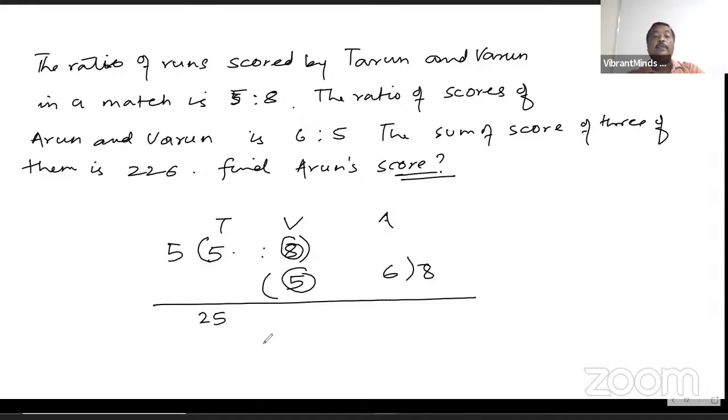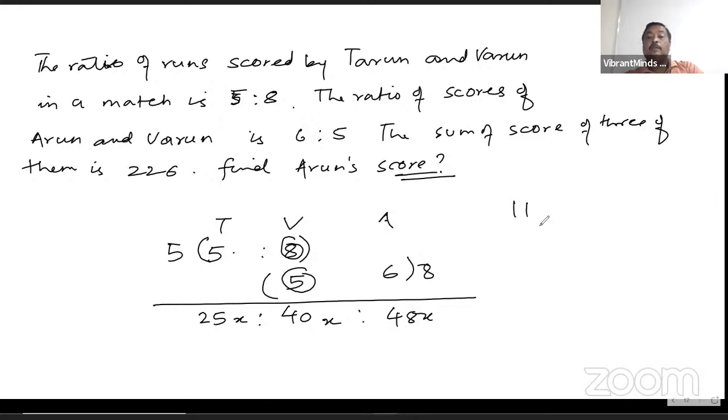So 5 5s are 25, 8 5s are 40, and 8 6s are 48. So Tarun, Varun and Arun will score in the ratio 25, 40 and 48. So this is 25x, 40x, 48x. Let's add: 40 plus 40, 80 plus 20, 100, 105 and 8, 113.